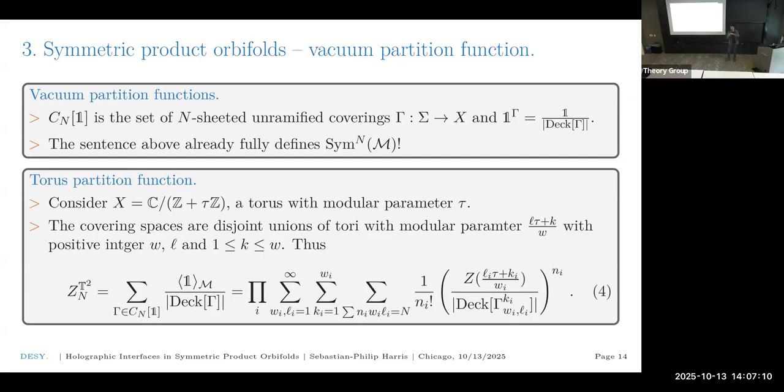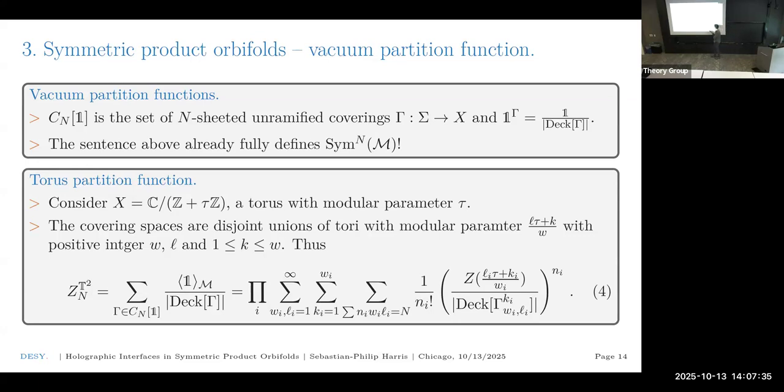And what this does is simply that the w and the l count essentially a winding of the covering torus over the X torus along the two cycles. And this parameter k accounts for some additional shifting and tilting that you can do in this covering.